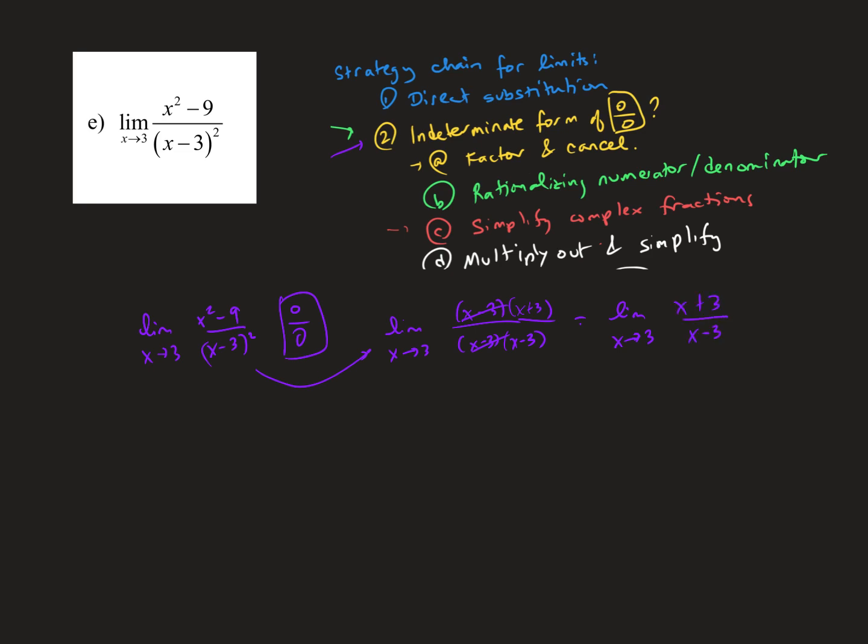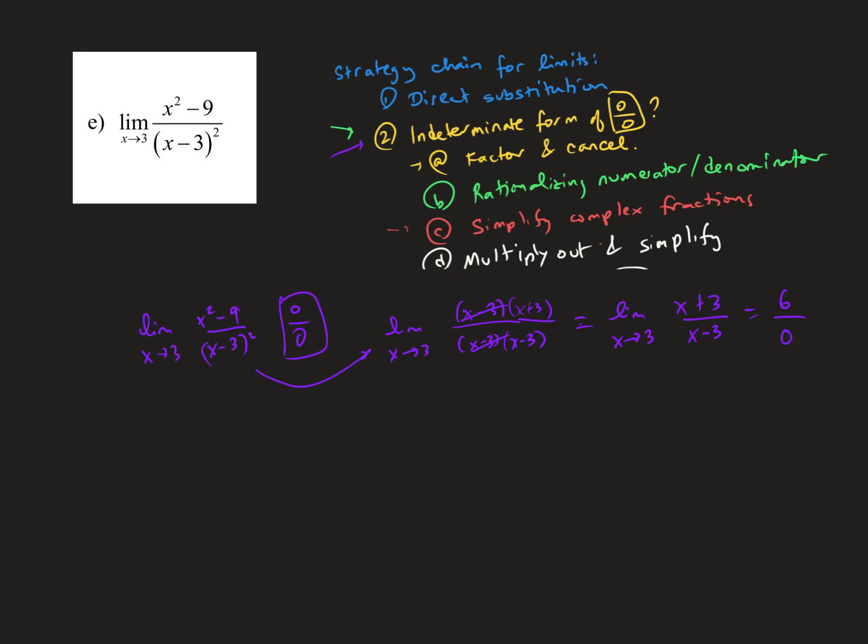Now, when I go back to do my direct substitution again, watch what happens. I plug in 3 on top, I get 3 plus 3, which is 6. I plug in 3 on bottom, I get 3 minus 3, which is 0.